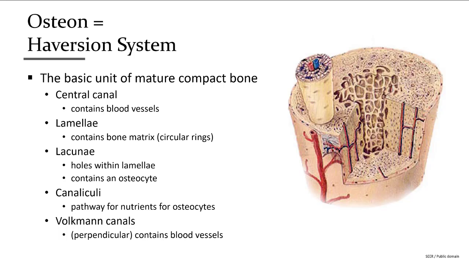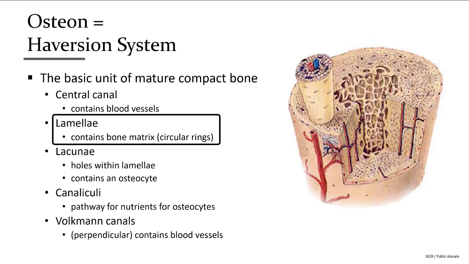The very center is a space where blood vessels travel through. These vessels travel up and around in compact bone, as well as through the branches of spongy bone. This central space for blood vessels is called the central canal. The central canal is surrounded by a series of circular layers of bone called lamellae.